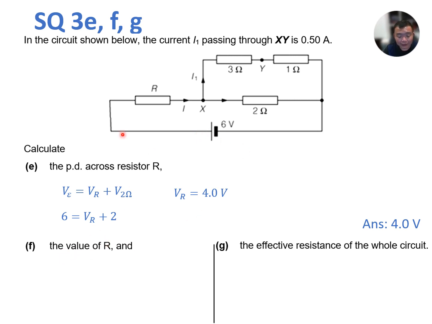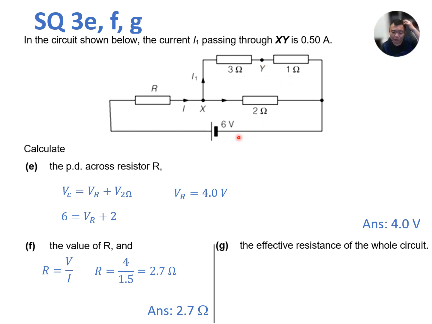In part F, since now we have figured out the voltage of resistor R, and we do know the current of the whole circuit from a previous part, we can apply Ohm's law again to find out what is the resistance of the resistor R, which is 2.7 ohm. And lastly, the effective resistance, we could have slowly added up all the resistances, and we can get the answer, but there's actually a faster way.